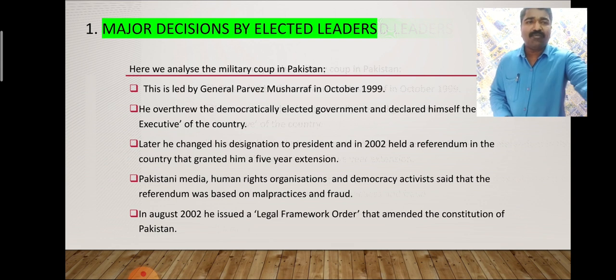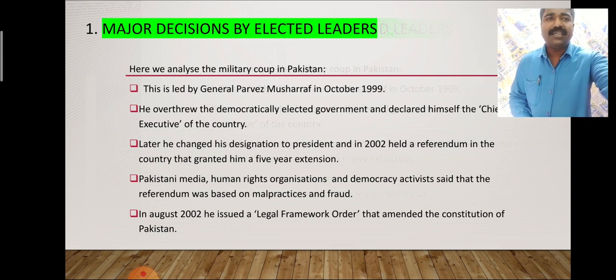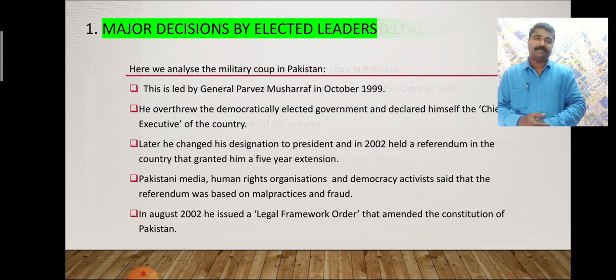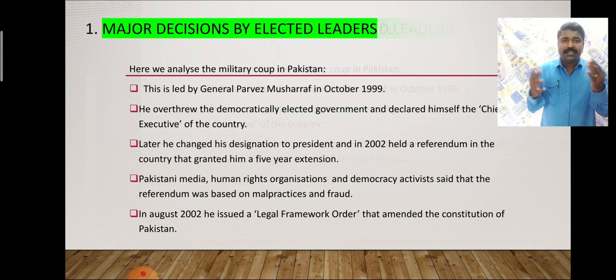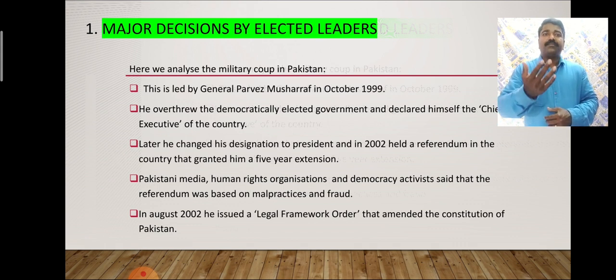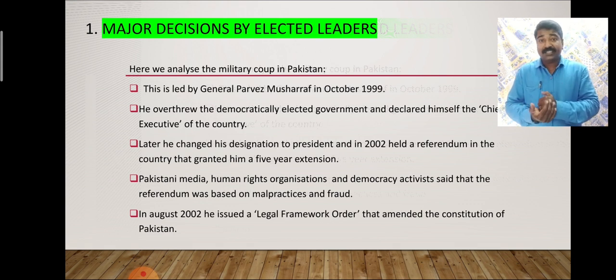He became the chief executive, later the president, and then held a referendum.